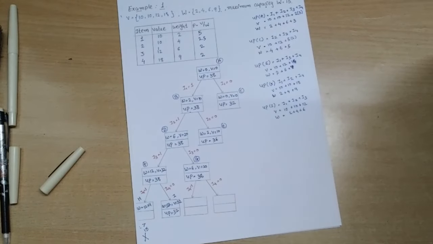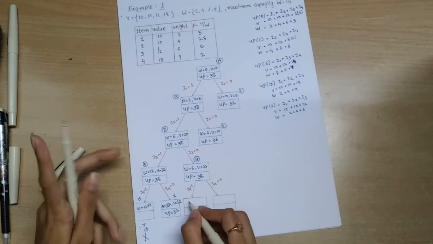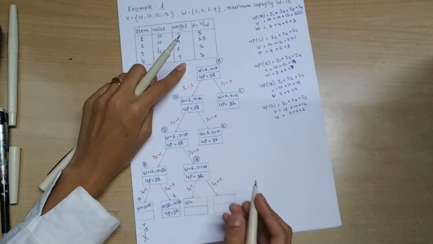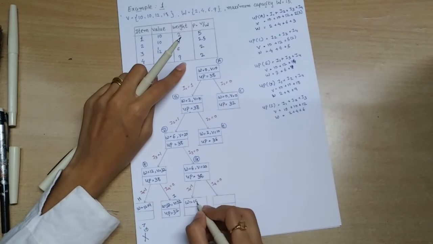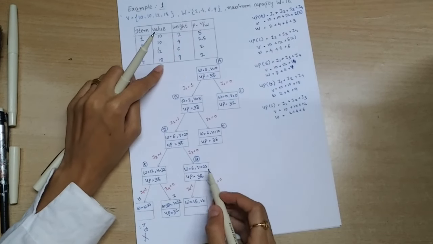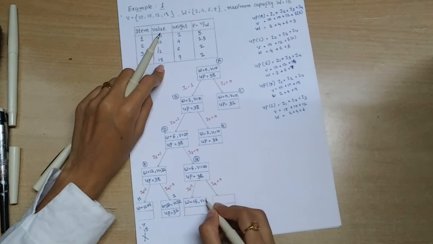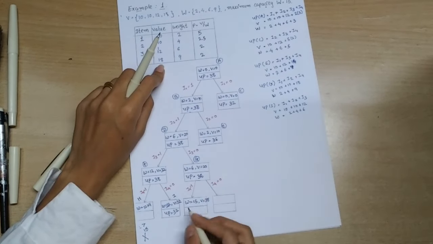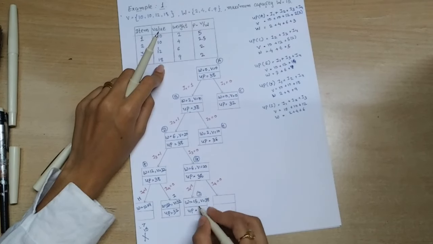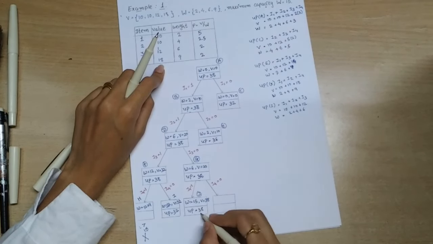If we consider item 4, then the weight will be 6 plus 9, that is 15, and the value will be 20 plus 18, that is 38, and the upper bound for node J is 38.